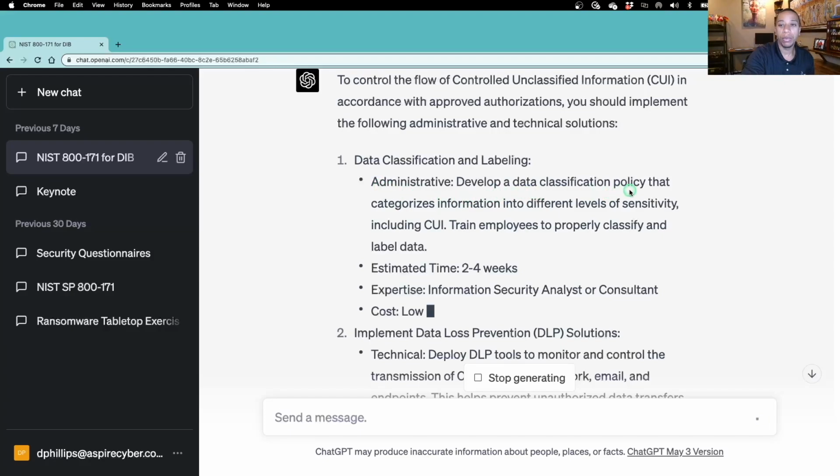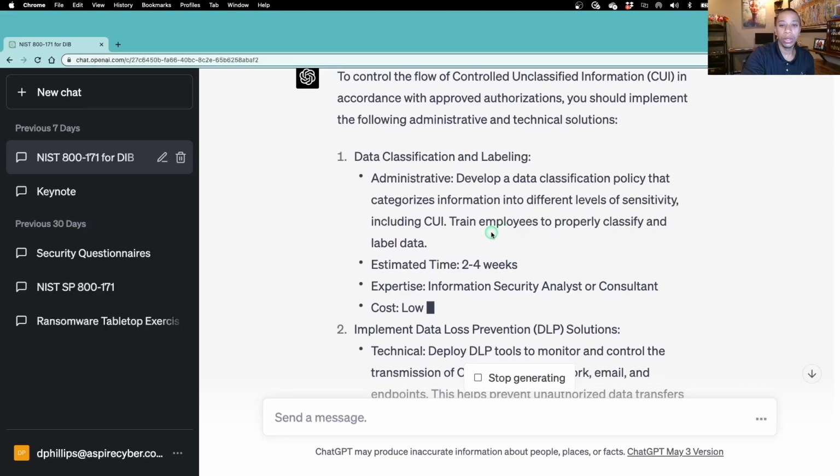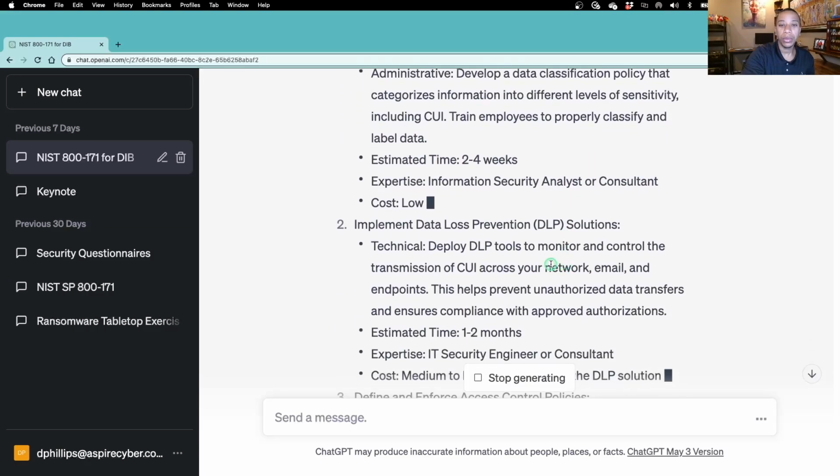We're going to need to have a policy, a data classification policy, categorizing the information into different levels of sensitivity. When we think about the different levels in the context of CMMC, we have federal contract information and controlled unclassified information. We're going to need to properly train our employees how to categorize and label that CUI.